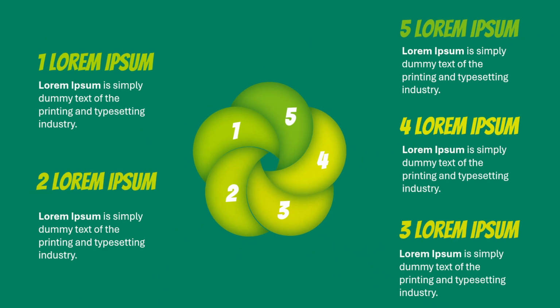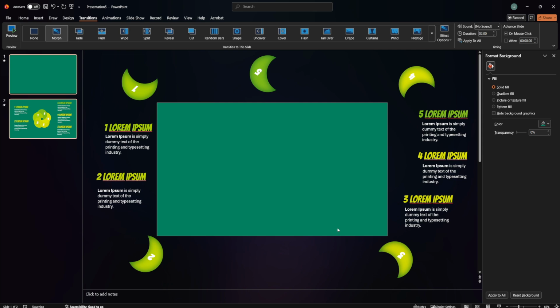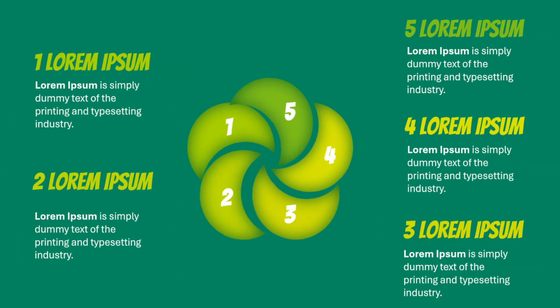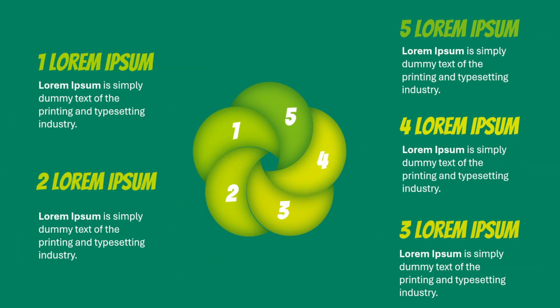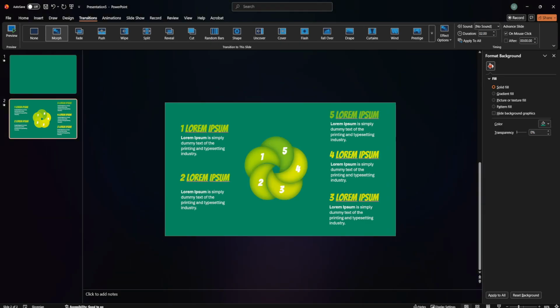Just like that. And as you can see, a clean animated infographic slide that looks super professional. So let's do it again. Really nice. So yeah, this is pretty much how we do that.